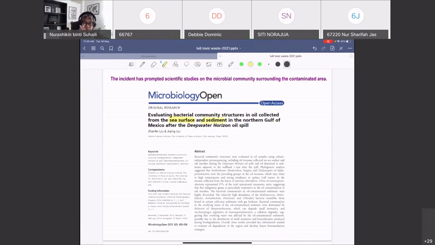You see the terms sea surface and sediment, because whenever a spill happens, it first goes through the ground of the sea. That's how the oil contaminated the sea. It's not just the surface, but also the ground of the sea.